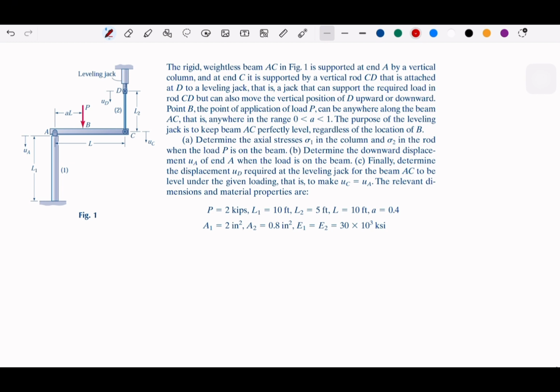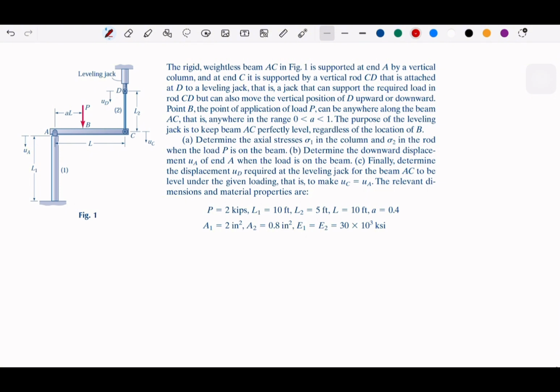So basically, wherever the load P is, AC will stay as it is, which means somehow this rod can be reduced in size, or it has some deformation, or this L2 will also change. We have the D, so its position can also be changed, and this level can also be changed. So it's actually quite complex.